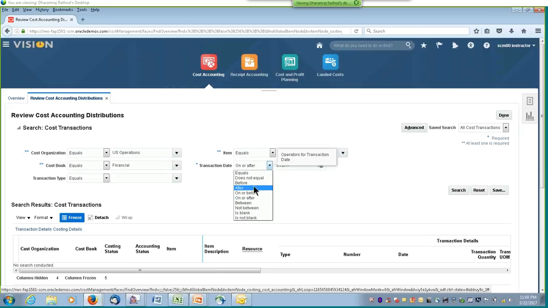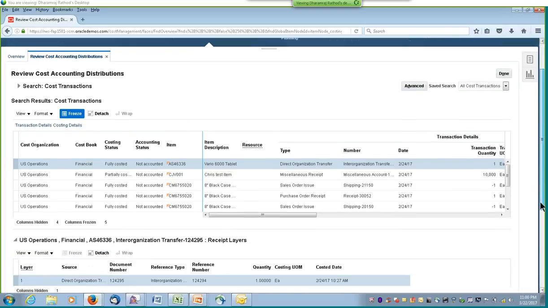Okay, so I should pick the before because I may not have transactions this week. So I got the distribution.